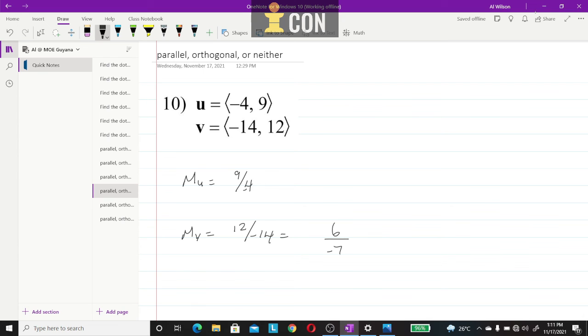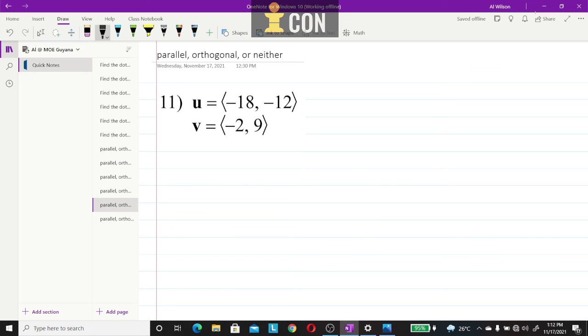I don't know if people will be comfortable with seeing this, or if they prefer to see it the other way. Alright, moving on. Looking at what we have here, they're not equal and they're not negative reciprocals. So in this case, we have our first neither answer.